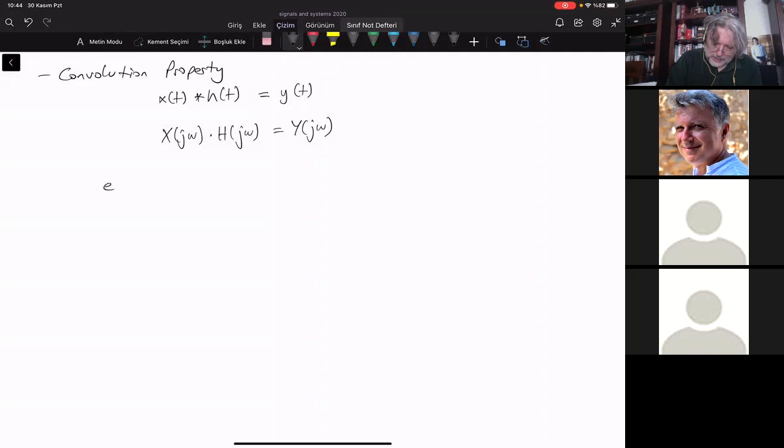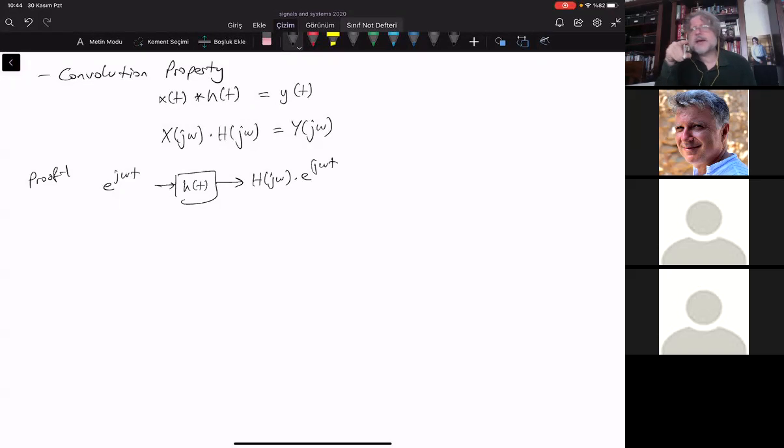We know that e to the j omega t, so this is proof 1, you can think of it. e to the j omega t going into a system with impulse response h of t would give you H of j omega times e to the j omega t.